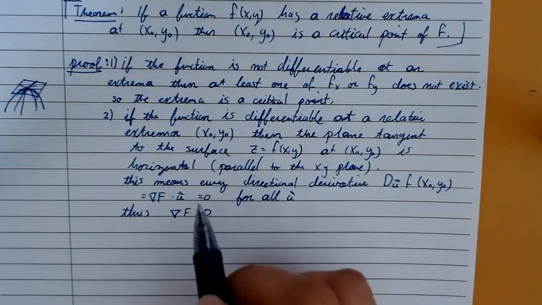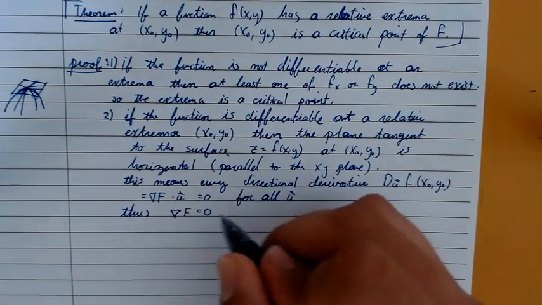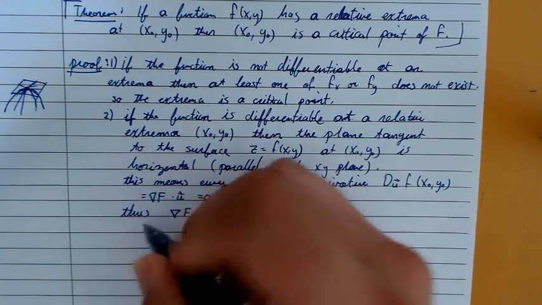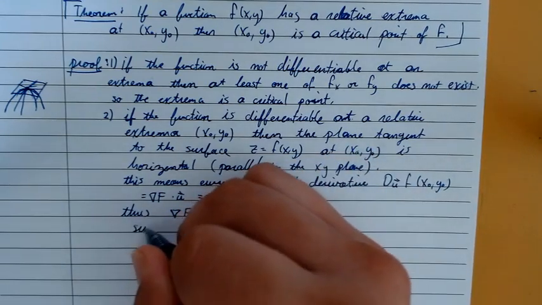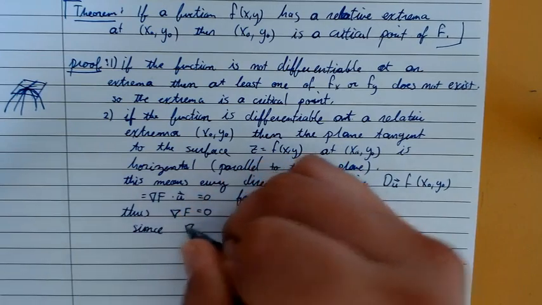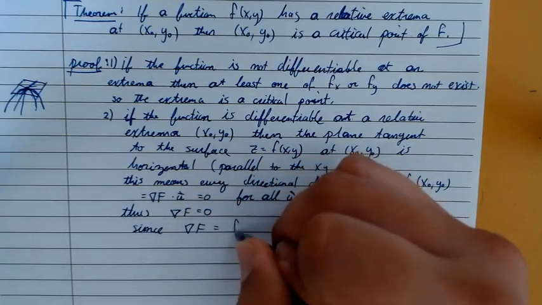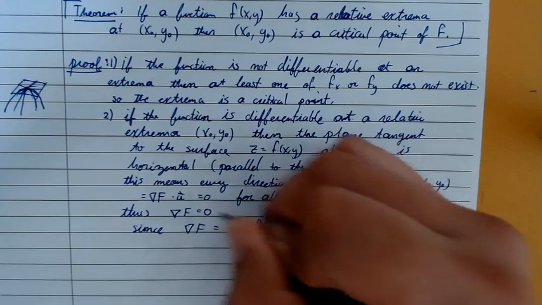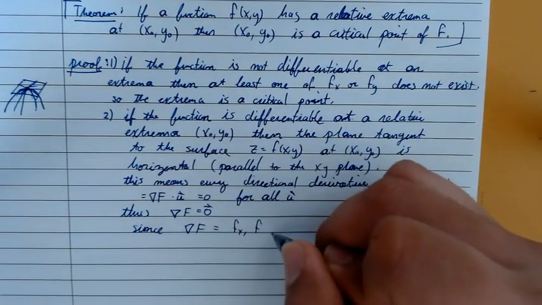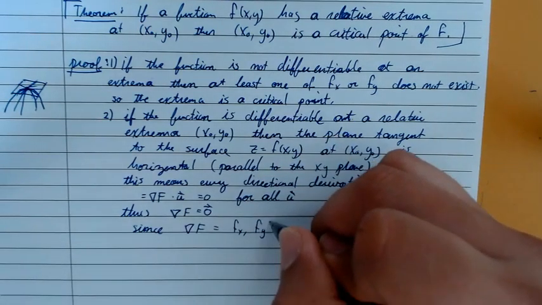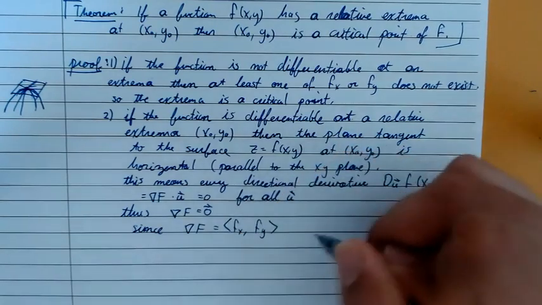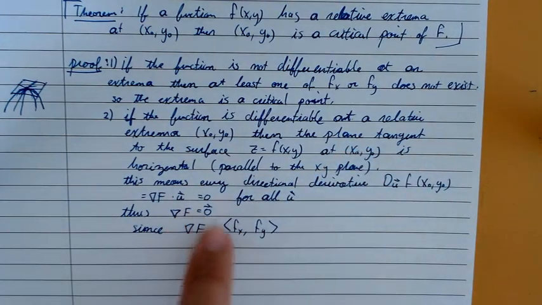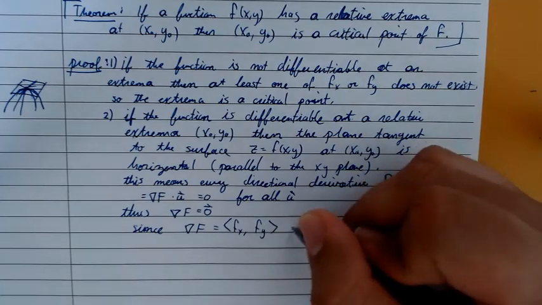But if the gradient of f is equal to 0, since the gradient of f is equal to the vector f sub x comma f sub y, then the only way for this to be the 0 vector is if both of these are 0.